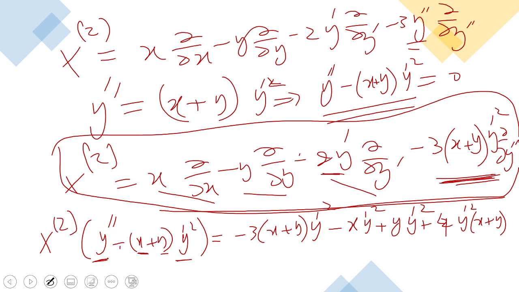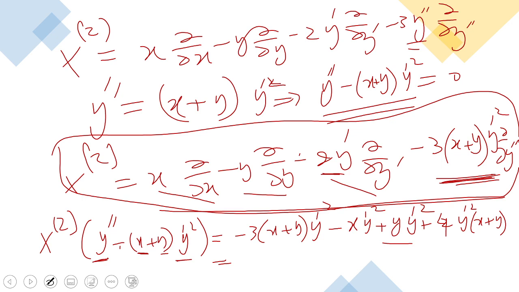So is this cancelling? If yes, then it is a symmetry. Otherwise, if this is minus and this is also minus, then it is a symmetry, otherwise not.